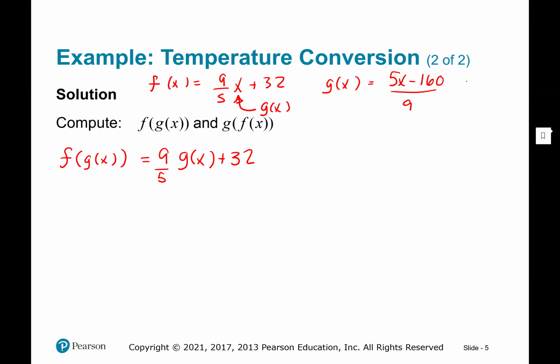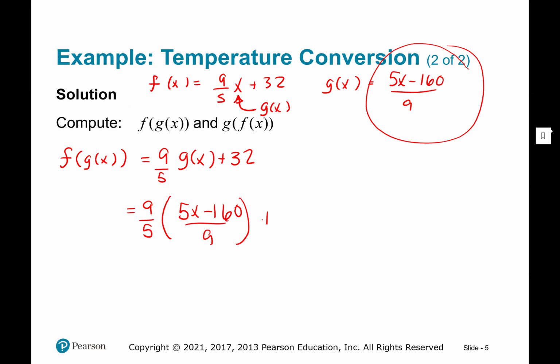And then what's g of x equal to? I'm going to replace the g of x with what it is equal to, (5x minus 160) over 9, plus 32. So what happens here? Well, the 9's cancel. And will the 5 cancel? Cancel there. What's 160 divided by 5? Is it 32? So is that x minus 32 plus 32? Is that x?